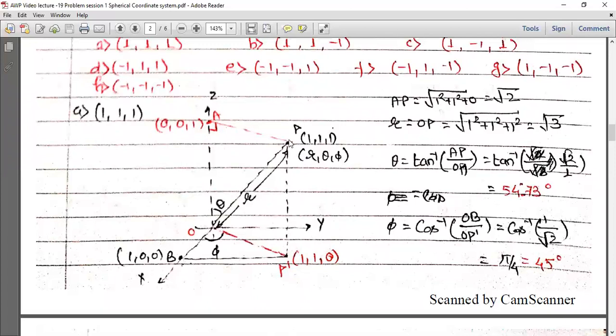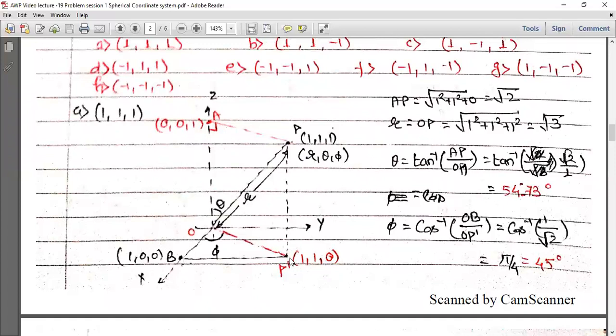If we want to find the projection of point P on the XY plane, we keep the X and Y coordinates the same as point P. So if point P has X and Y coordinates 1, 1, the projection P dash will have the same X and Y coordinates 1, 1, and the third coordinate will become 0. In this manner we can find P dash.